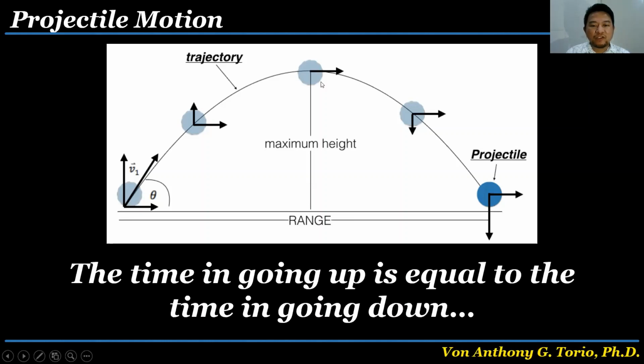Some simple relationships from this figure tell us that the time it takes for the projectile to go up is equal to the time it takes for the projectile to go down. And the total time of flight of the projectile simply is twice any of those. That's twice the time in going up or twice the time in going down, or that's t up plus t down.